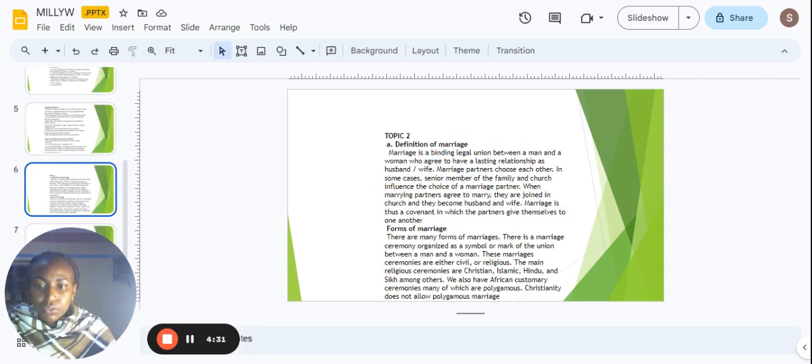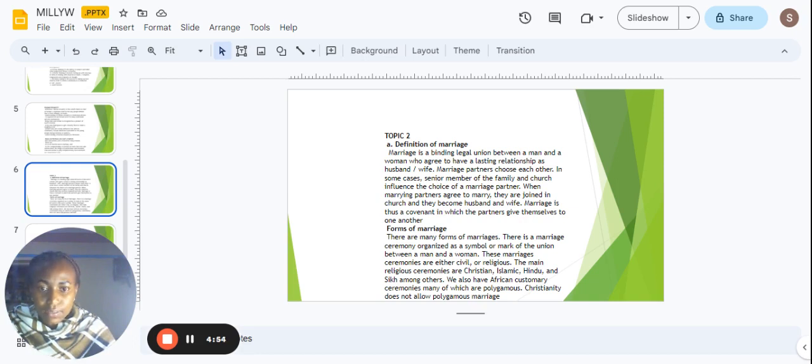Let's get into topic 2, which engages marriage. Let's define marriage. Marriage is a binding legal union between a man and a woman who agree to have a lasting relationship as husband and wife. Marriage partners choose each other.